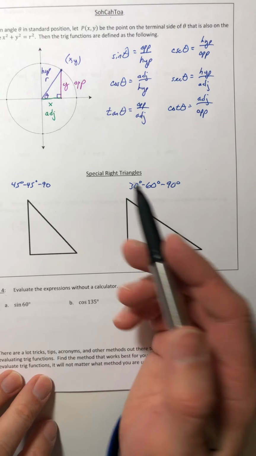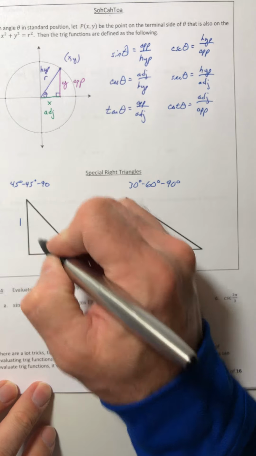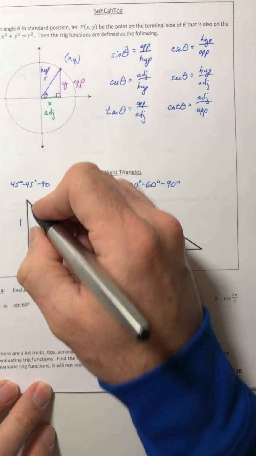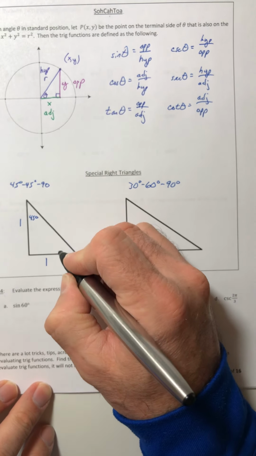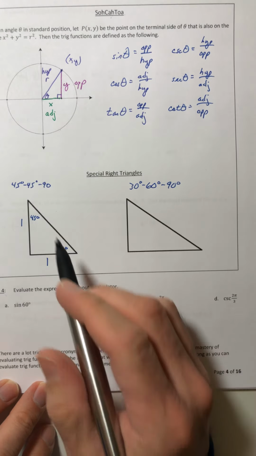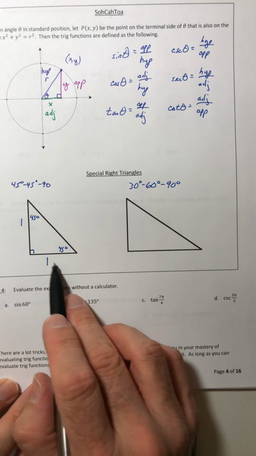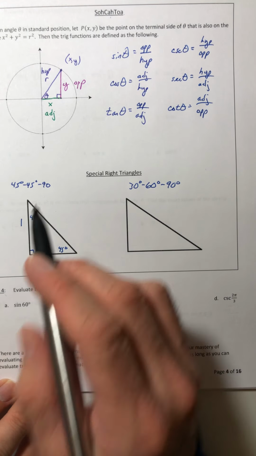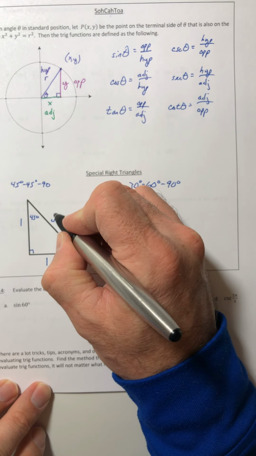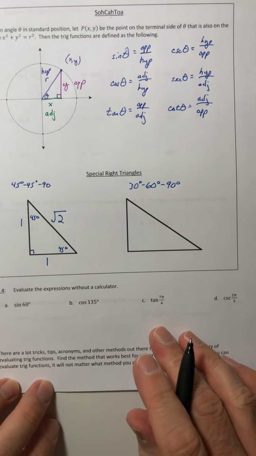For the 45, 45, these two sides are always 1, because it's basically an isosceles right triangle. If these two angles match, then the two sides match, and they're always 1. If you use the Pythagorean theorem, that gives you a hypotenuse of the square root of 2.